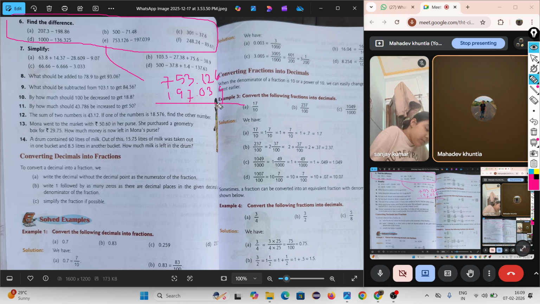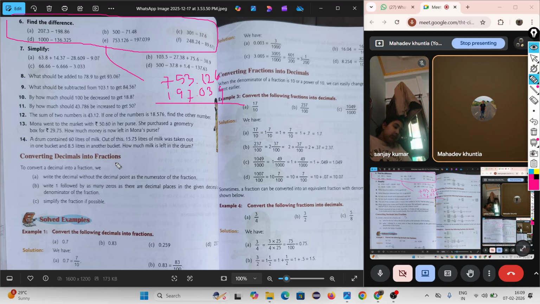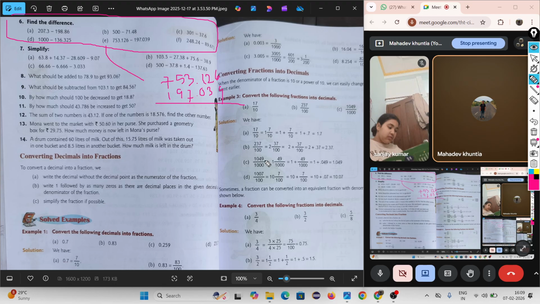Do the subtraction. Are you doing? Okay, do the subtraction.